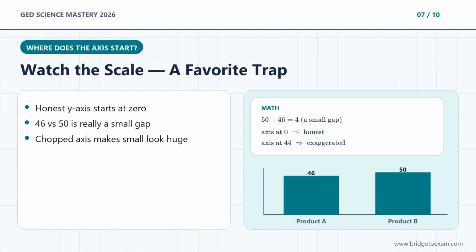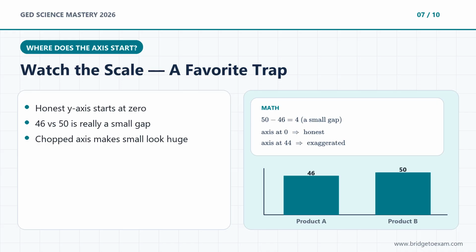Now the biggest trap in this whole session, the scale. Look at these 2 bars. One is 46, the other is 50. On an honest chart, the y-axis starts at 0, and you can see the truth. These two values are actually pretty close. But here is the trick.